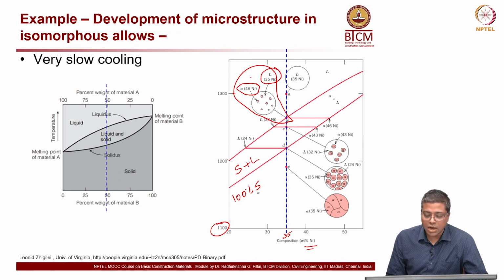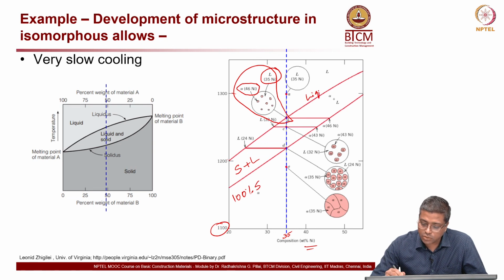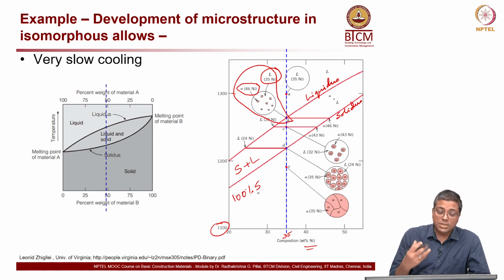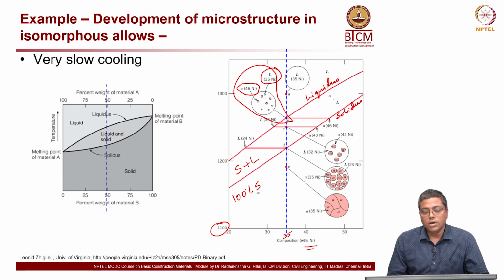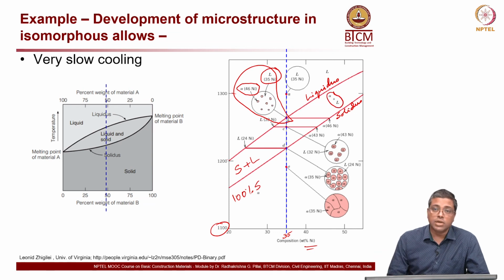Small crystals are actually forming. The solid phases start to form because you are at the liquidus line right now. This is the liquidus line, and this is the solidus. The region in between these two is alpha plus L, that is solid plus liquid phase.